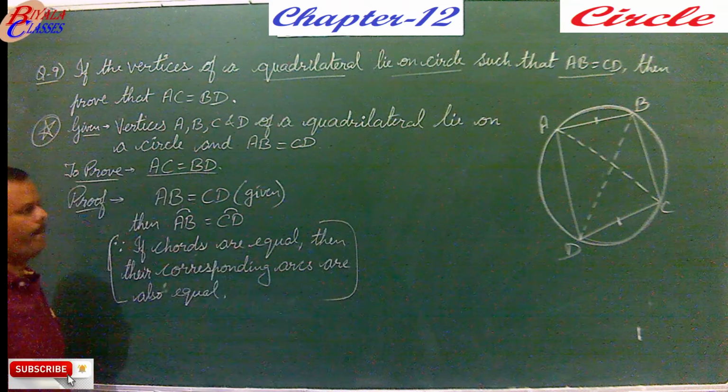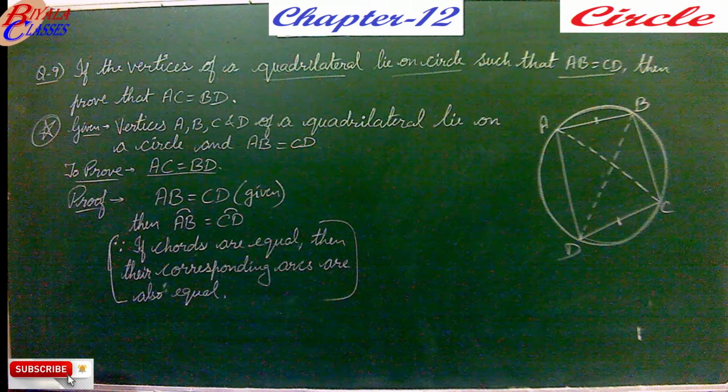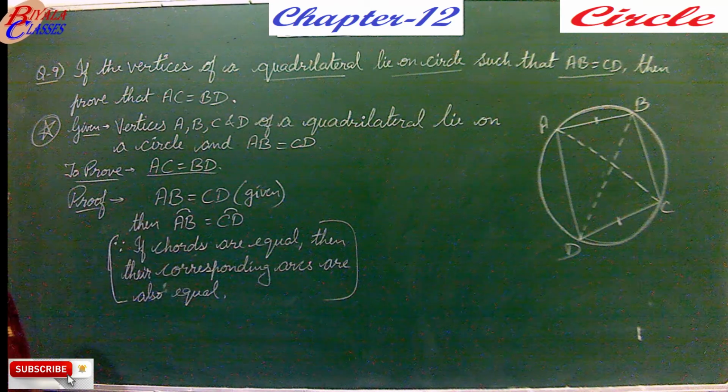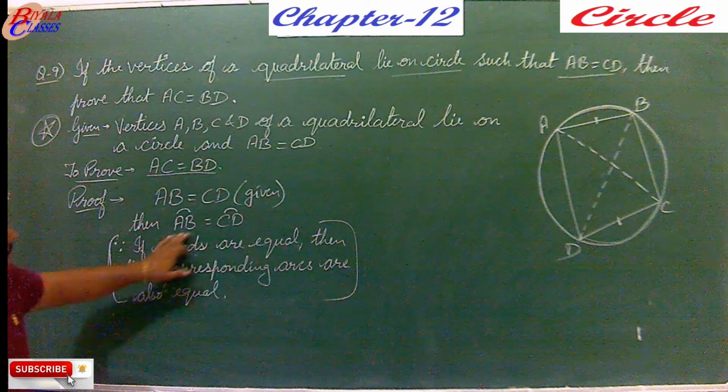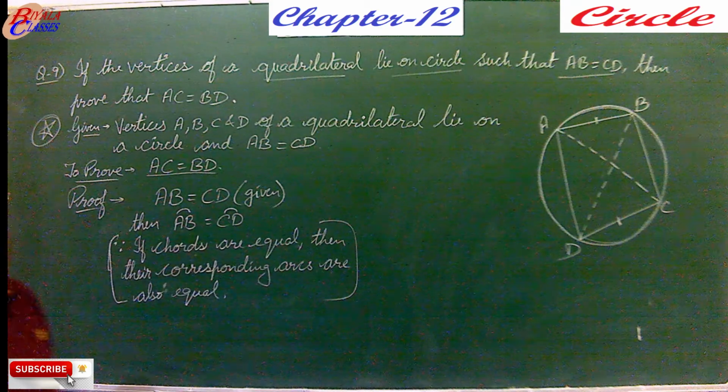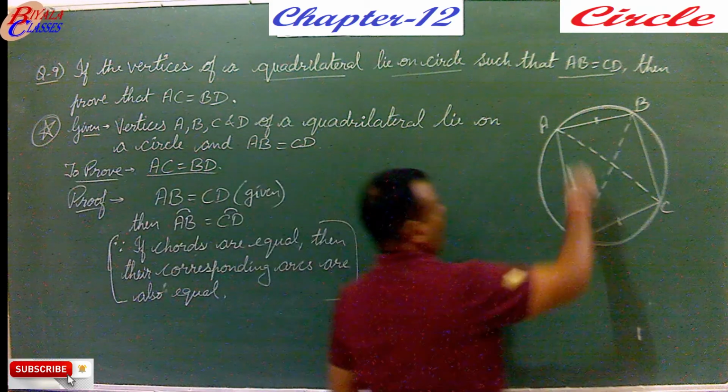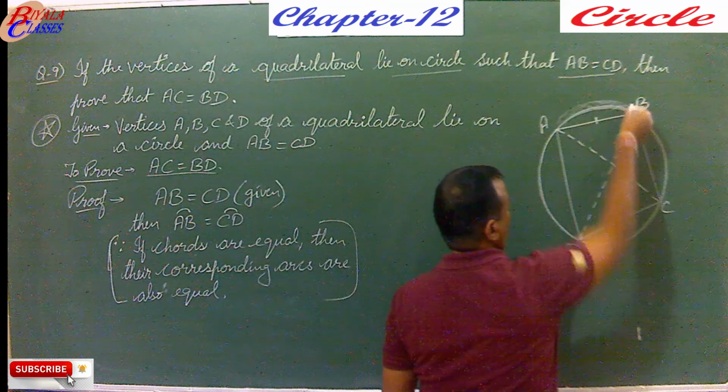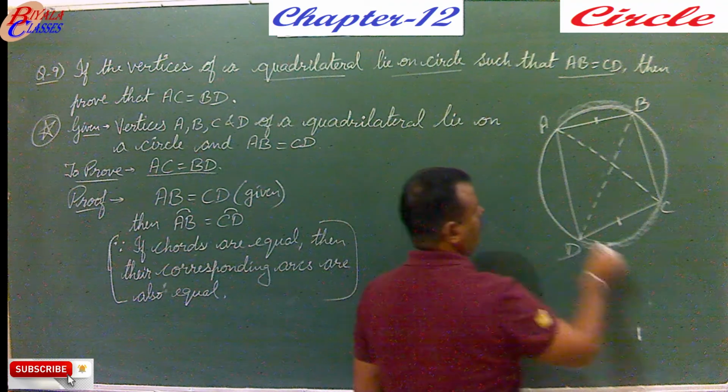Got it? So if chords are equal, then corresponding arcs will be equal. Now you see here AB and CD, the two arcs are equal. This is AB and this is CD.